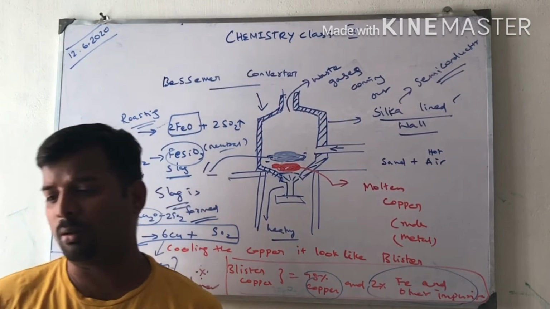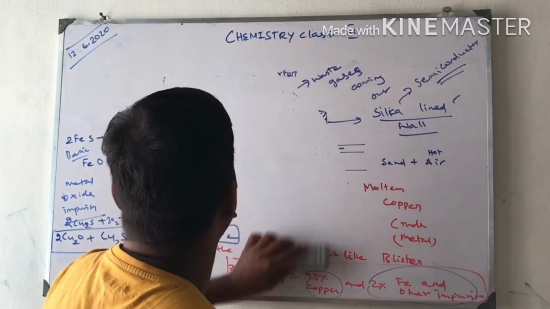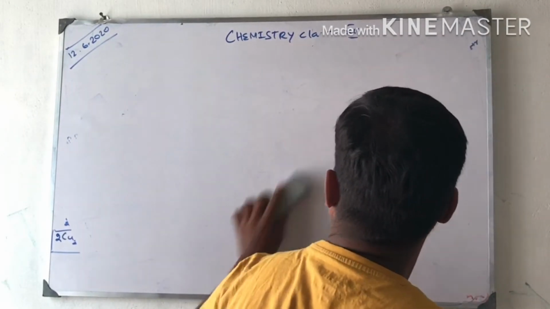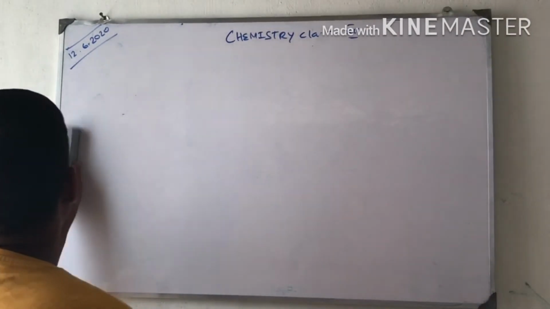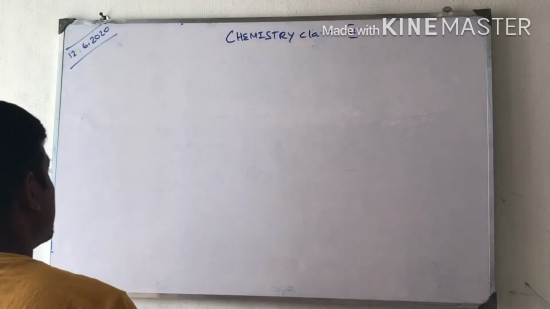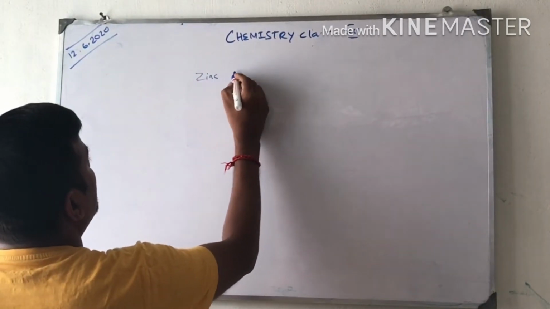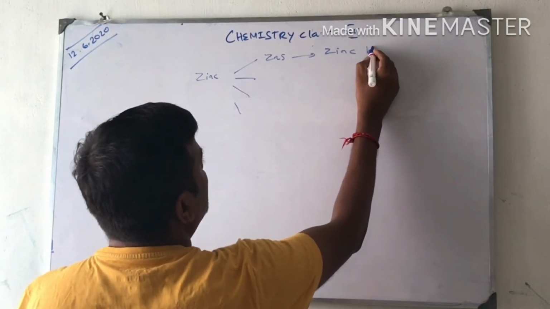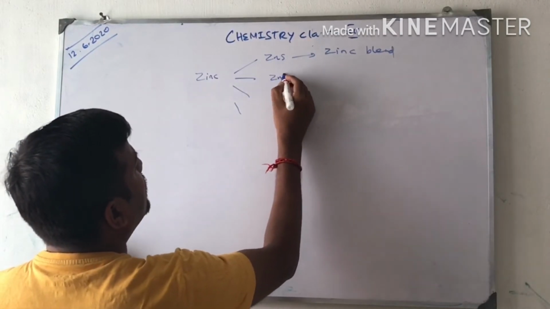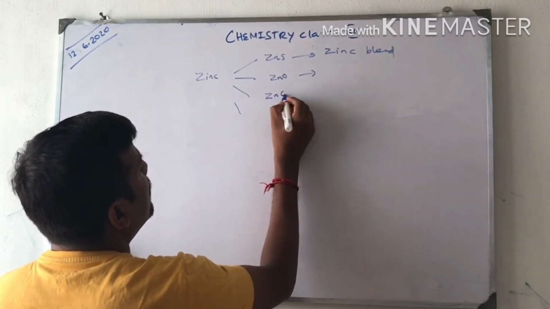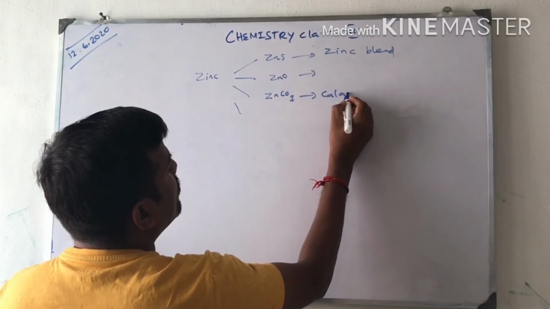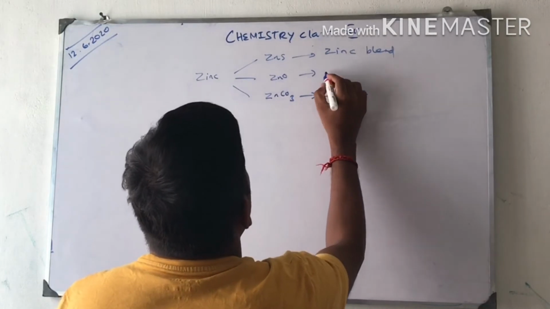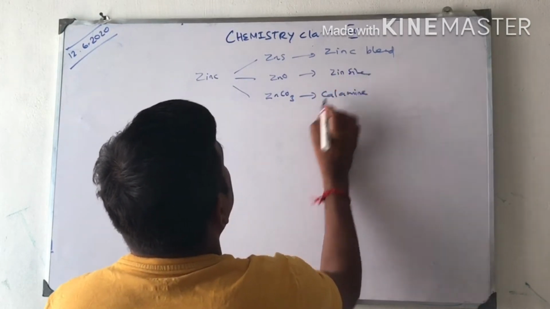Now I am going to tell you how zinc is extracted from its ore. The ores of zinc are zinc sulfide, zinc blende or sphalerite, zinc oxide, zinc carbonate called calamine, and zincite.